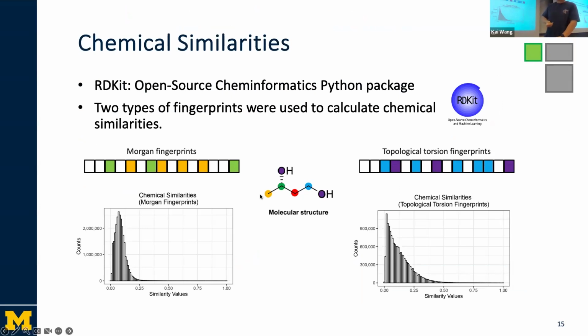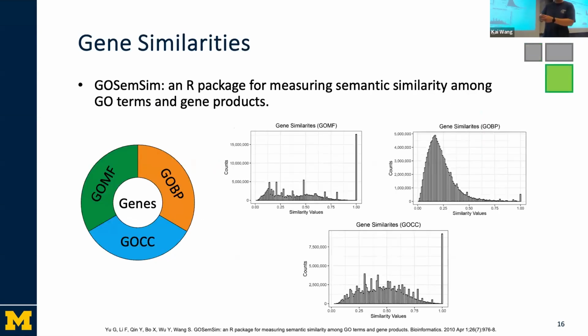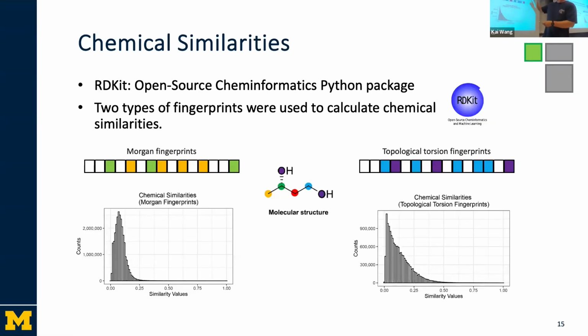And those 2 figures show the distribution of the chemical similarities of all the chemicals used in our study. You can see it's heavily skewed towards 0, and even for those 2 coupled matrices, there are some missing values because for some chemicals we cannot find good similarity numbers.